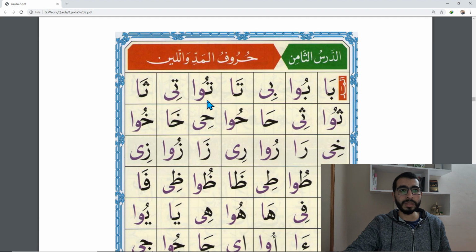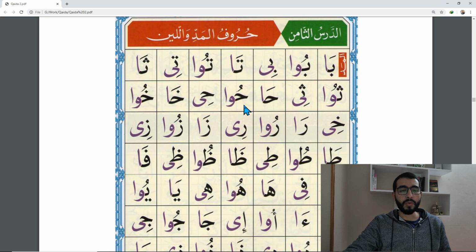Ta Tu Ti. Tha Fatha Alif sukun, Tha. Tha Damma Waw sukun, Thu. Tha Kasra Ya sukun, Thi. Tha Thu Thi. Ha Fatha Alif sukun, Ha. Ha Damma Waw sukun, Hu. Ha Kasra Ya sukun, Hi.